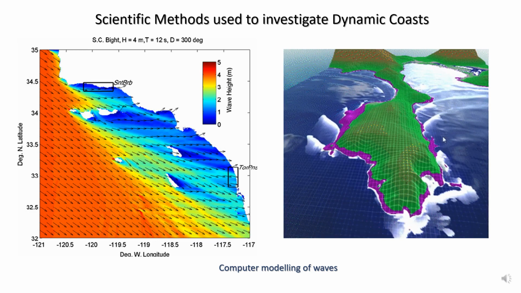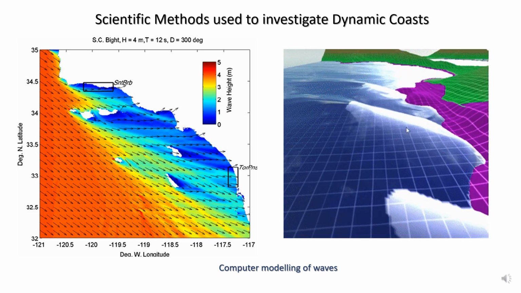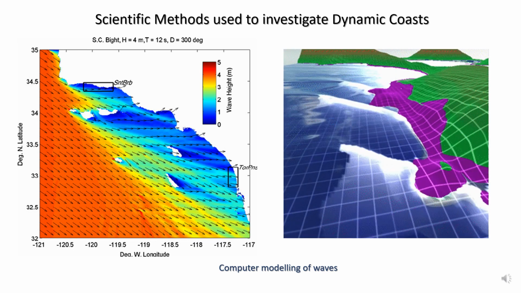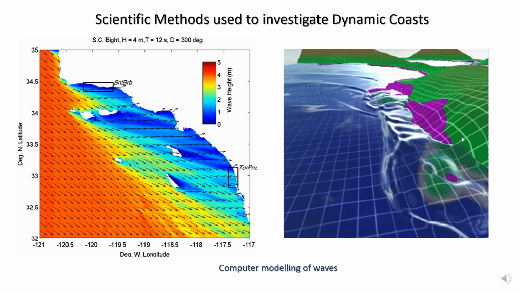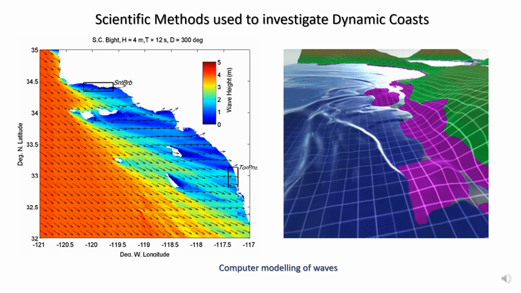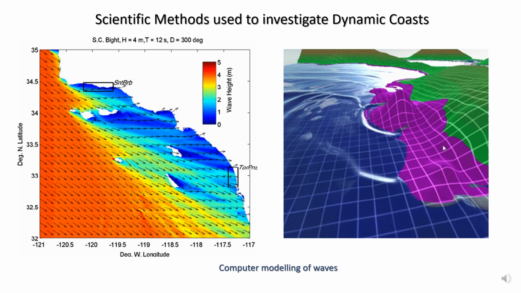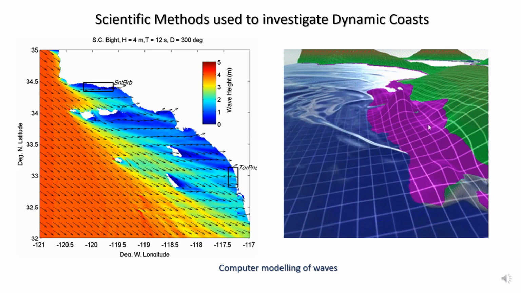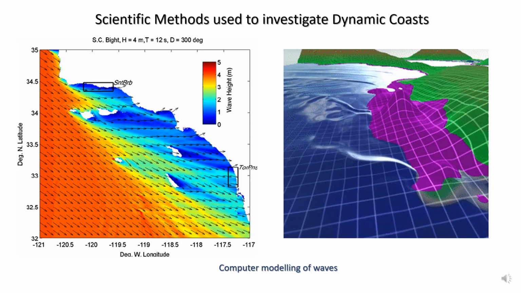This models what the waves look like in the near shore, how they approach the coastline and how they change as they enter shallow water. This is a remarkable way of expanding our reach. We have enough instruments to actually extend right into the sea, so we are able to use very complex three-dimensional modeling. In this case, we use what's known as a SWAN, shallow water wave forecasting model.